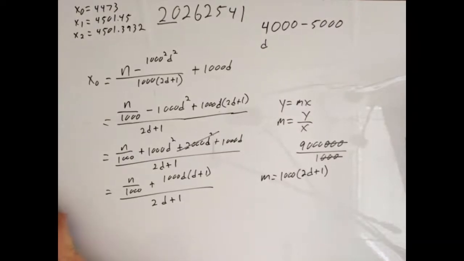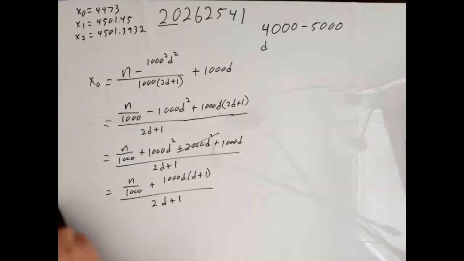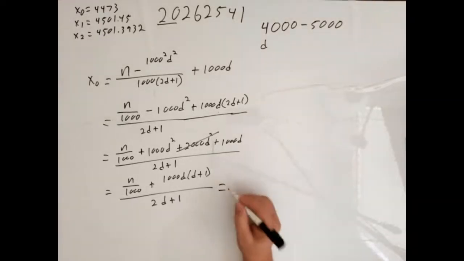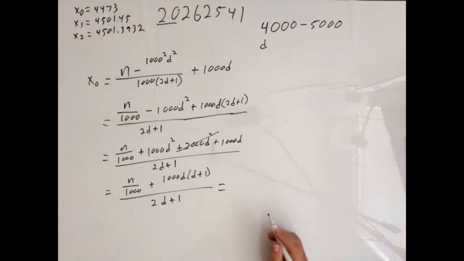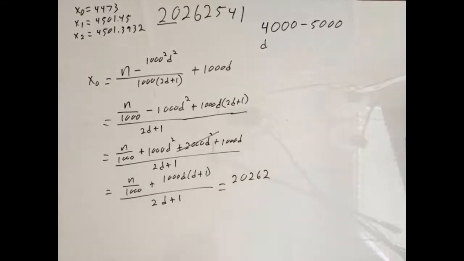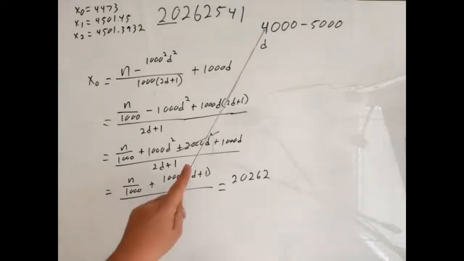Now, how does that work? Well, now we can erase this. Take n over 1,000, which in our case means ignore the last 3 digits. So, n over 1,000, ignoring the last 3 digits, is 20262 plus d times d plus 1. D is 4.